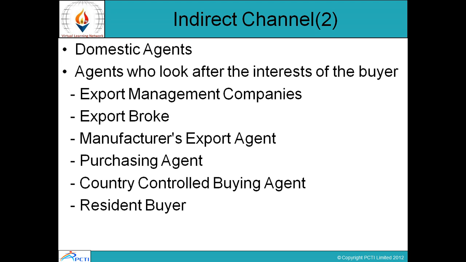Country controlled buying agent: this kind of agent performs exactly the same function as that of a purchasing agent. The only distinction is that the country controlled buying agent is a foreign government agency or a quasi-government firm. Resident buyers are another variation on the purchasing agent.